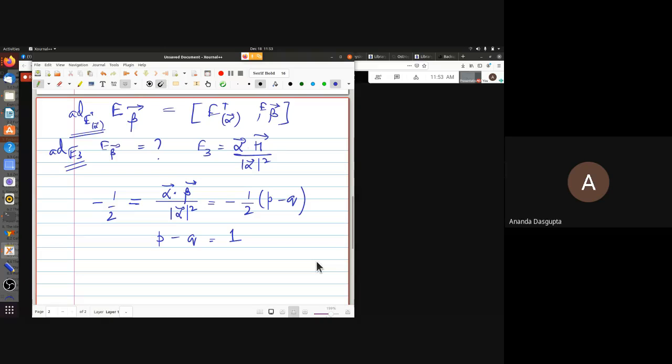However, let me first point out that even if you did not know the values here, you would know one thing definitely. What do you know about p and q here? You know that p and q are non-negative integers, right? So that tells me that p has to be at least 1 or more. Is that clear?